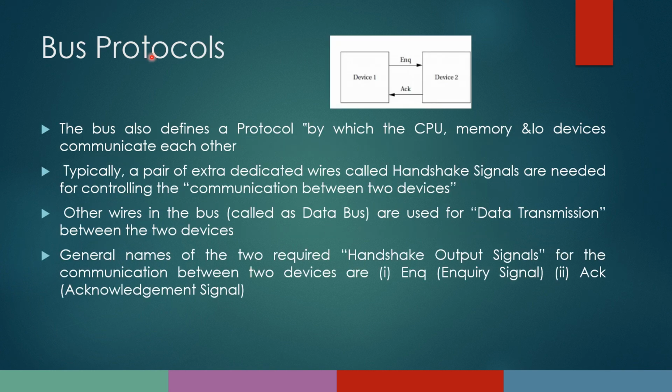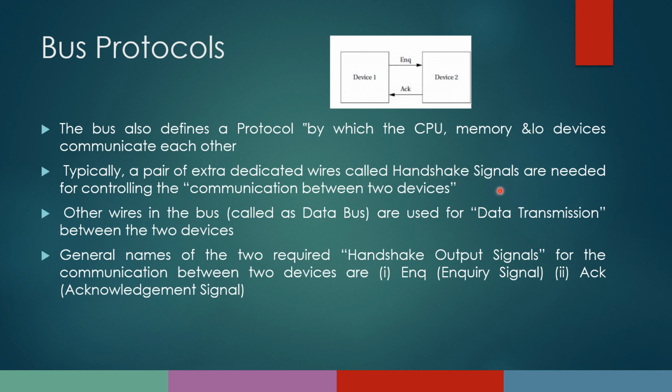Now, coming to the protocol, we should understand that in the bus there are some rules which govern how the communication is going to occur. It defines a protocol by which our central processing unit, memory and the input-output devices have to communicate with each other. In addition to just sending data, we have some extra dedicated wires called handshake signals.